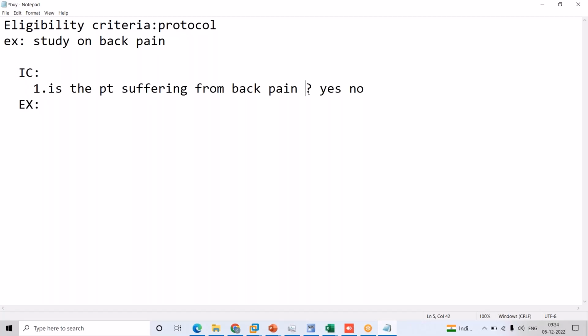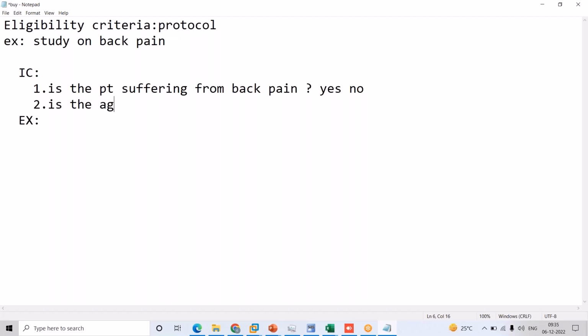Answer, yes, no. Every inclusion question, every exclusion question will have the responses yes, no. Let's say another inclusion you see. As per my study, I would like to recruit the patients whose ages are in between 20 and 70.